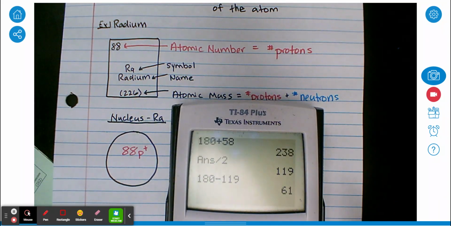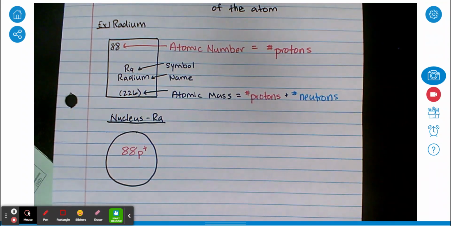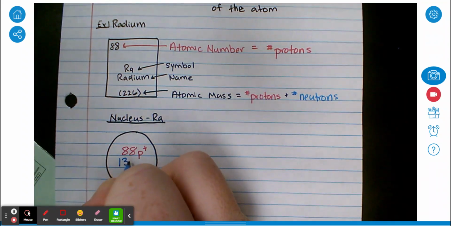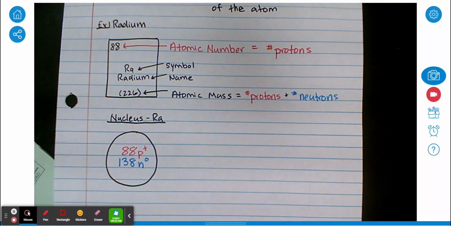So to figure out my total number of neutrons, I need my total number of particles minus my protons, and I have 138 neutrons. This is the nucleus of radium. That's all that these vocabulary terms are. Things that you guys have been doing, but now we're tying a little bit more vocabulary to them.